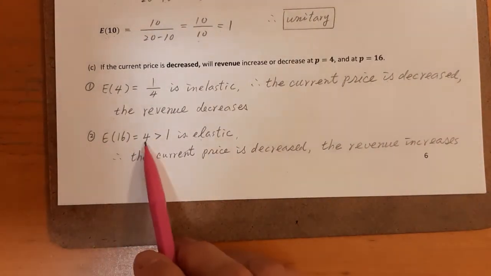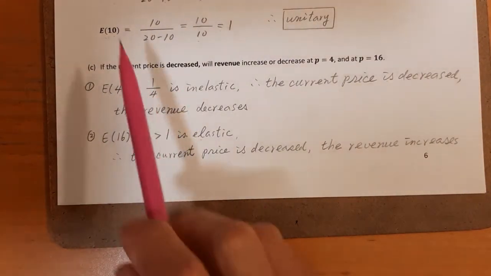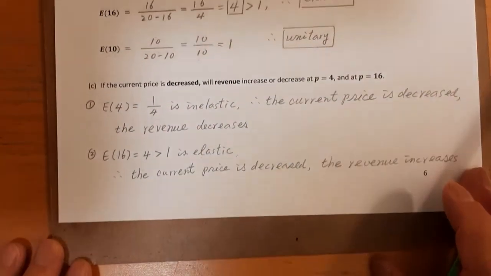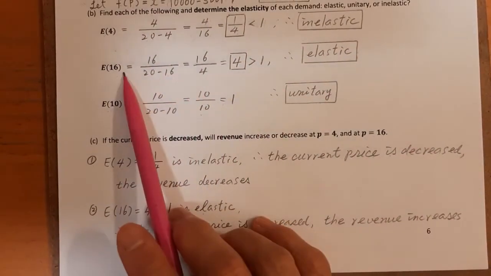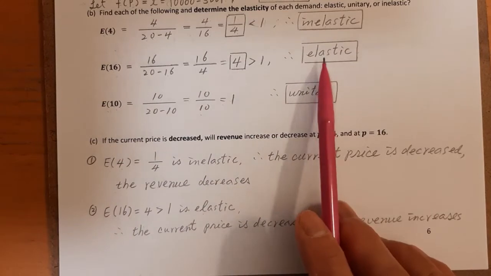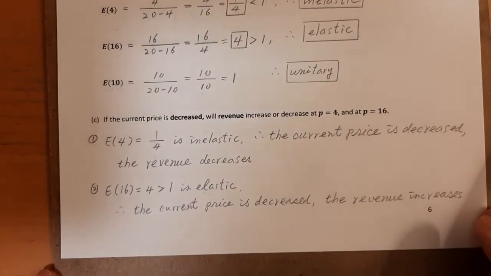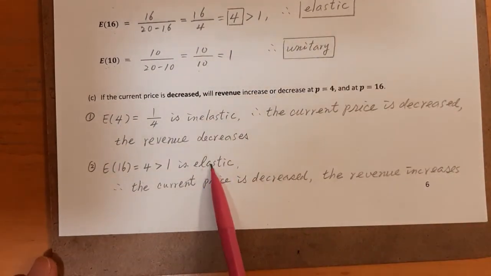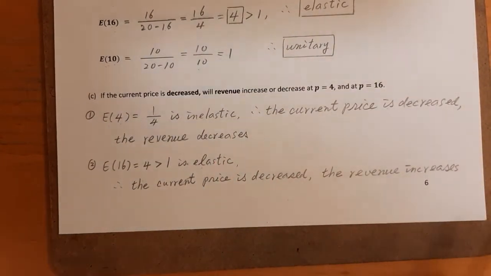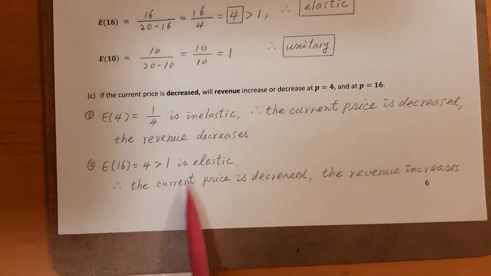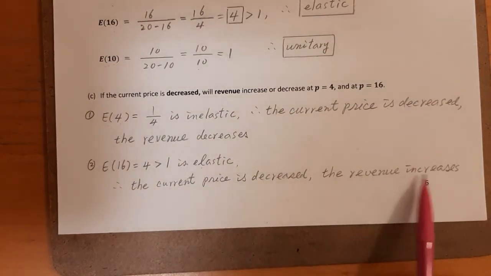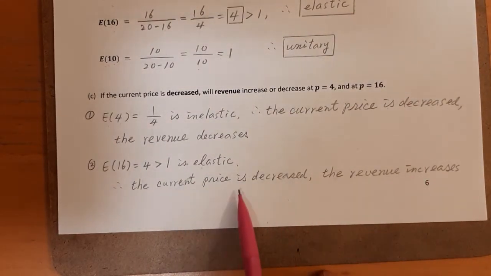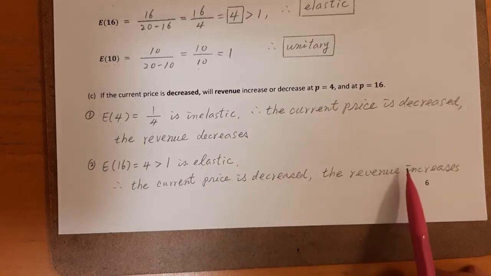In inelastic demand, if the current price increases, the revenue also increases. If the current price decreases, then revenue also decreases. And E(16) equals 4, from the previous part, is elastic demand. When demand is elastic, the revenue and the price move in opposite directions. So if the current price decreases, the revenue will increase. If the current price increases, the revenue will decrease.